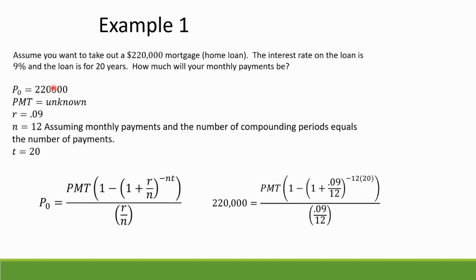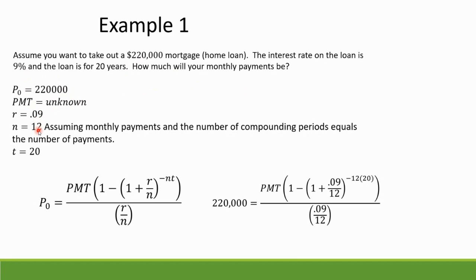Now, P sub 0, that's the amount on the loan, the balance of the loan initially. So this is $220,000. PMT is unknown. That's what we want to calculate.